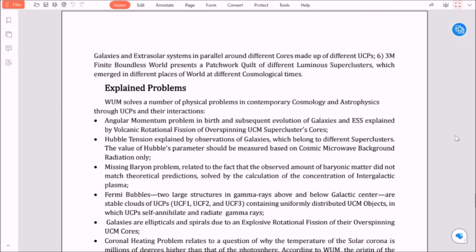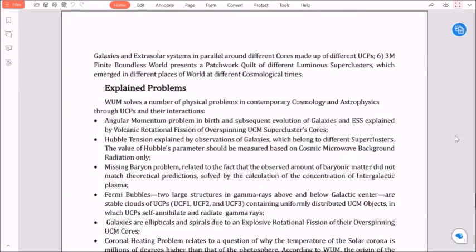The missing baryon problem, related to the fact that the observed amount of baryonic matter didn't match theoretical predictions, is solved by the calculation of the concentration of intergalactic plasma.